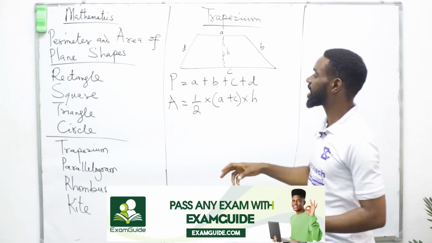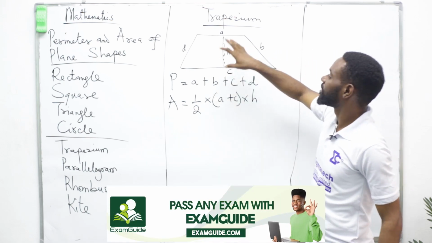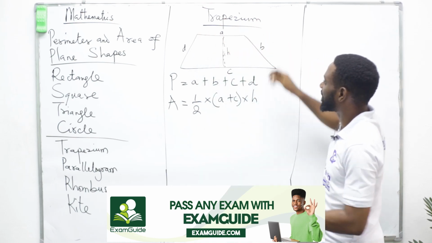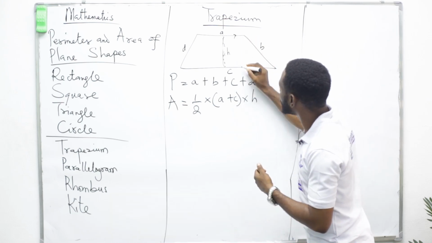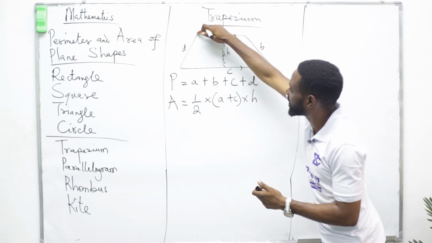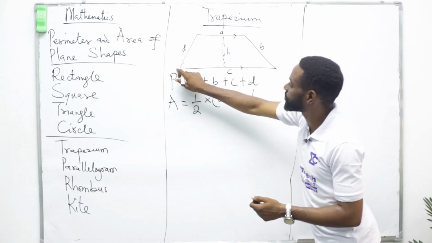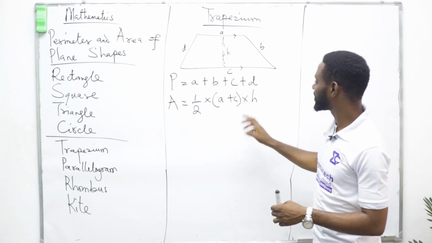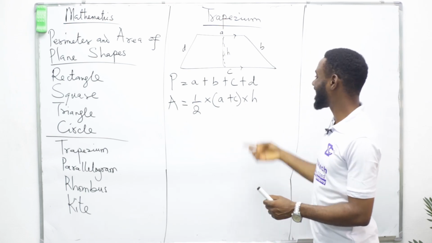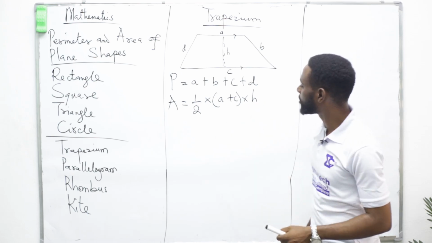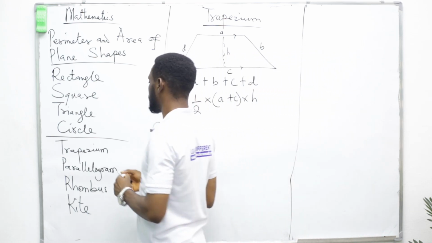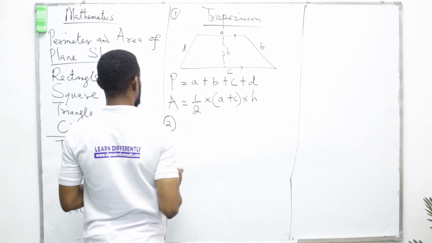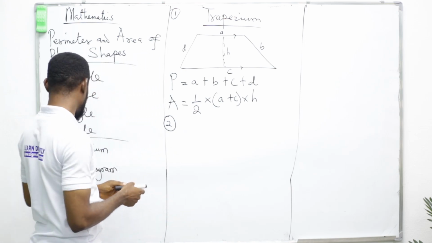So the area of trapezium is simply half of the sum of the parallel sides. These are two parallel lines going this way, okay? This is a parallel line to this. So the sum of the length of this parallel line, the length of this parallel line, and the height. Do you understand me now? That is how to calculate the area of the trapezium, okay? I'll just give you this area, then we'll go to some examples.